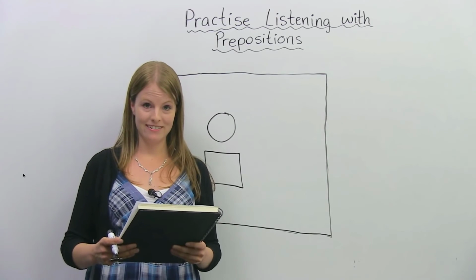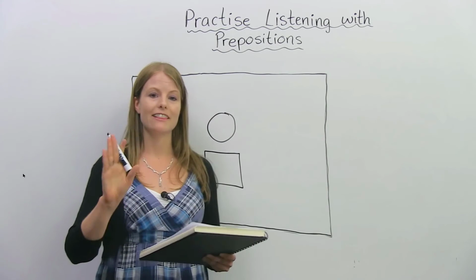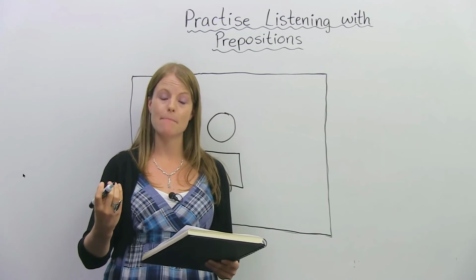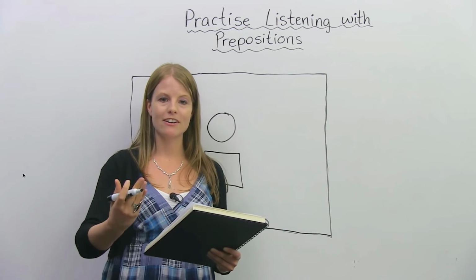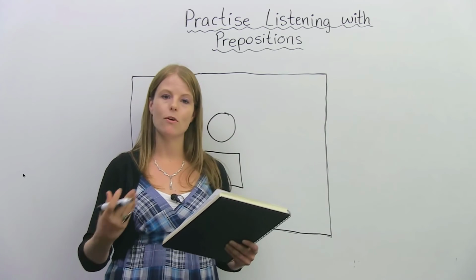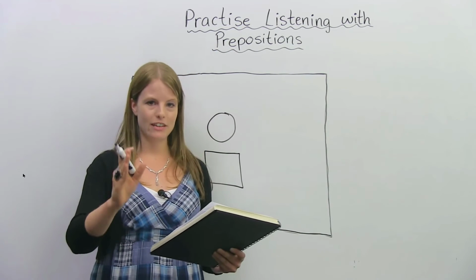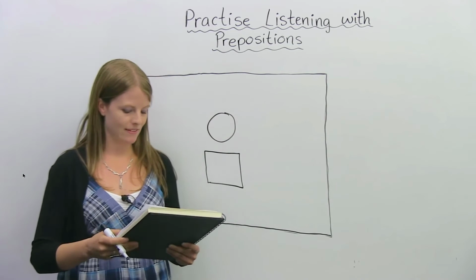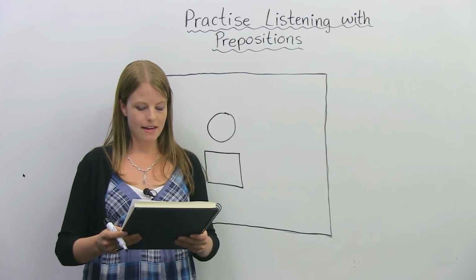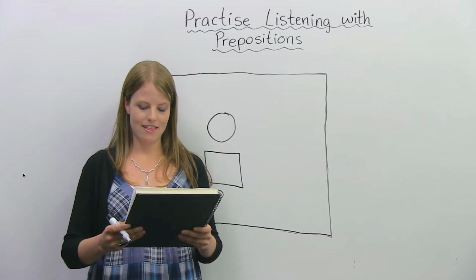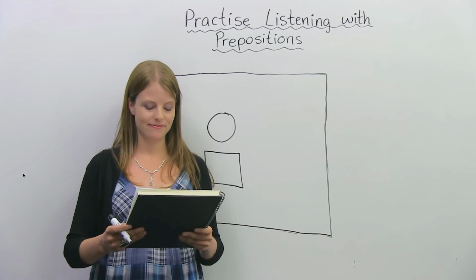I'm going to keep going. I'm not going to draw. At the very end, I will show you my picture and we will compare to see if it is the same or different. Okay, so keep drawing my instructions. One more time, inside the square, there is a star.